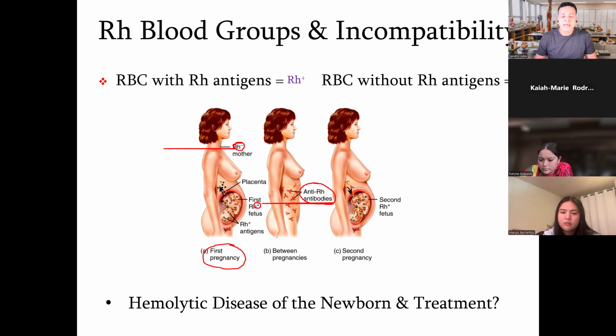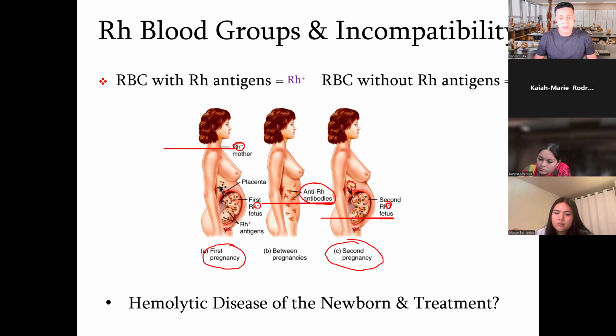Okay? But let's say the same mom gets pregnant the second time, and again, the baby is RH positive. Now, this is a serious issue. Not for the mom herself, but actually for the fetus. Why is that serious? That is problematic because now the mom has antibodies against the RH antigen.